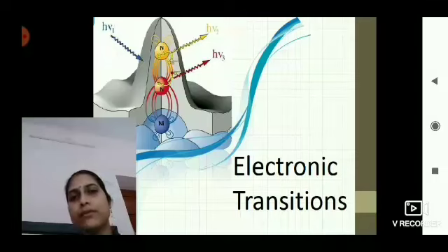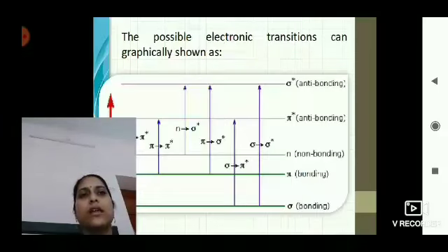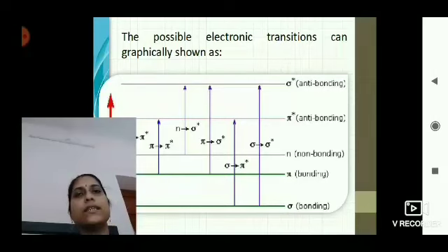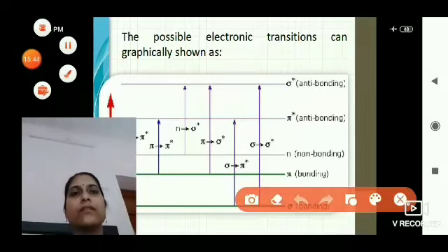In the principle of UV visible spectroscopy, you will see electronic transitions, and this is the schematic of electronic transitions.